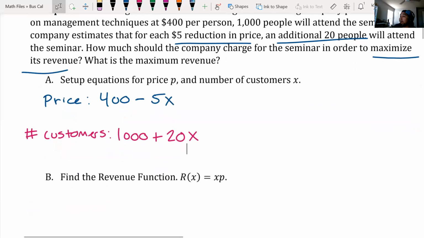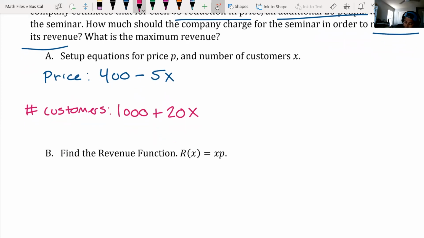Now we're going to use those to create the revenue function. Remember, revenue is given by the number of items x times the price P. So here's where we make a substitution like we've been doing for optimization.